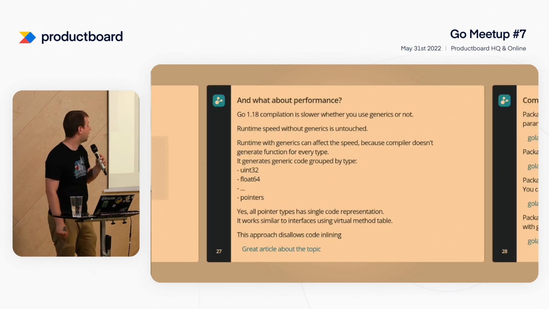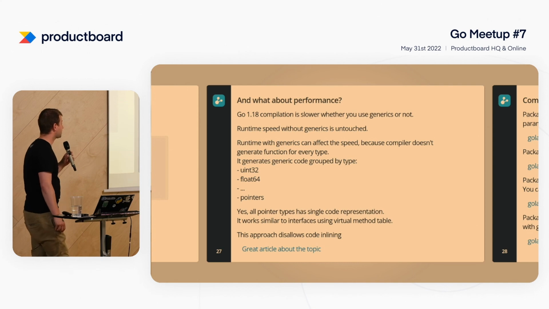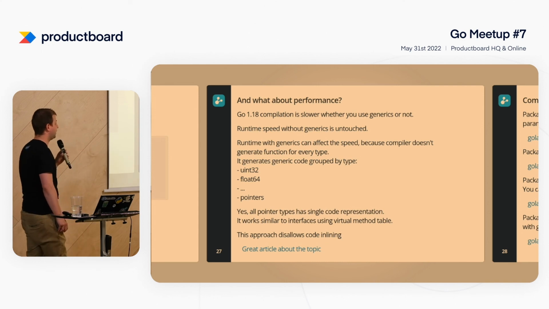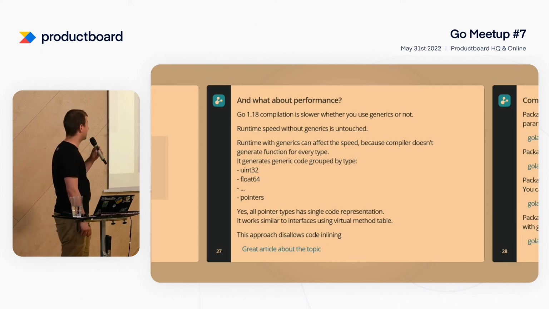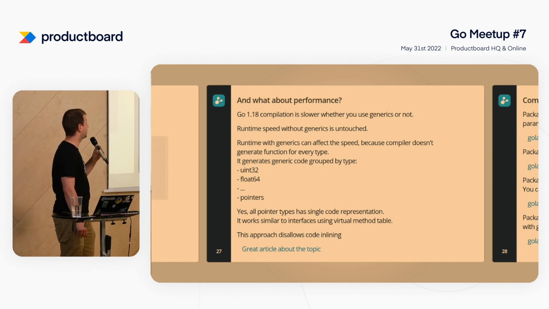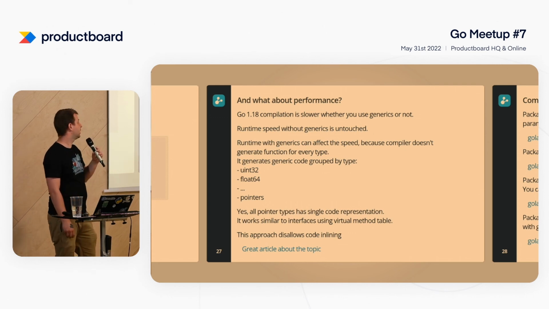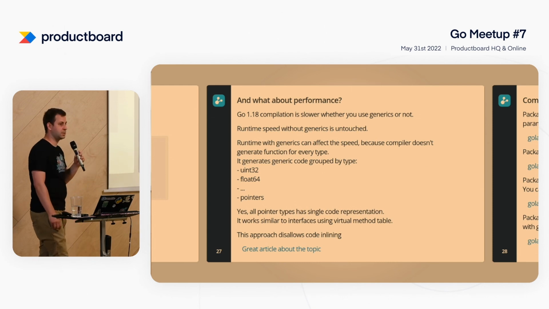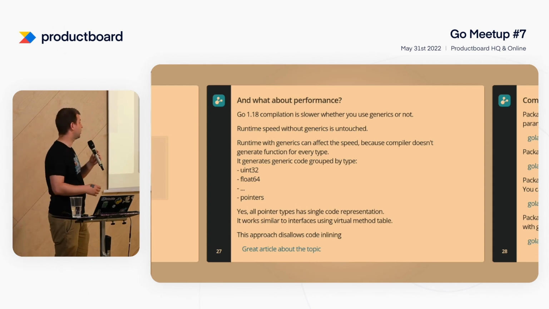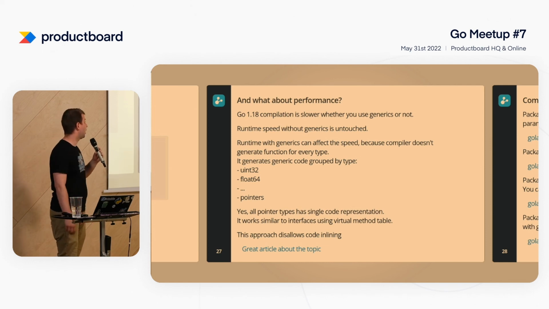And I mentioned the performance. Sad news is that since Go 1.18 the compilation is slower, and it doesn't matter if you use generics or not. Good news is that the runtime speed without generics remains the same. Actually, it can be faster because there were some improvements in Go 1.18.